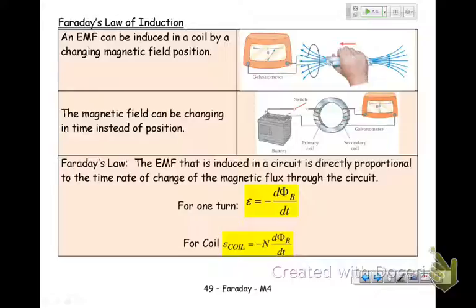The coil is inside a magnetic field, nothing's changing, no current flows. If I move the magnet towards the coil, then a current flows. If I hold the magnet inside the coil, no current flows. If I move the magnet away, a current flows.